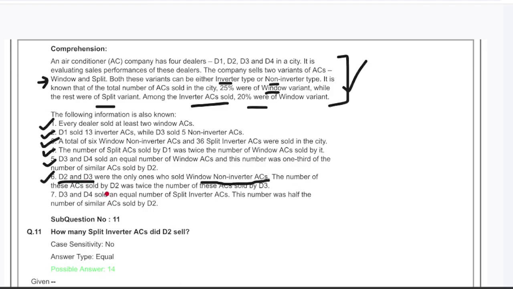The number of these ACs, window non-inverter ACs, sold by D2 was twice the number of ACs sold by D3. Understand again? The number of these window non-inverter ACs sold by D2 was twice the number of ACs sold by D3.